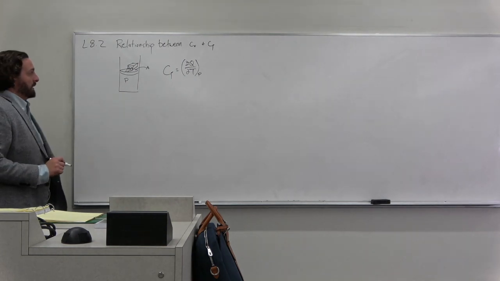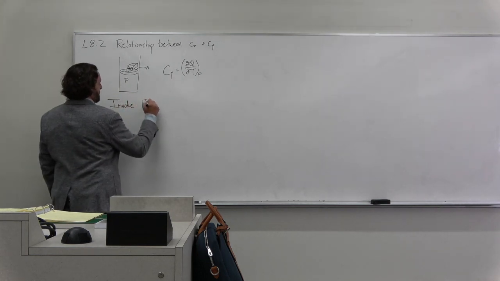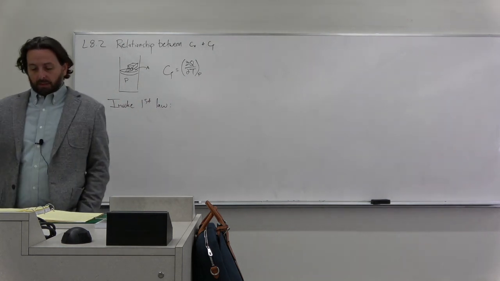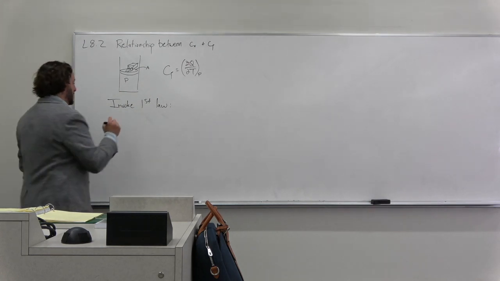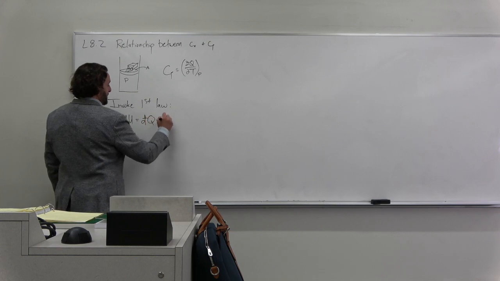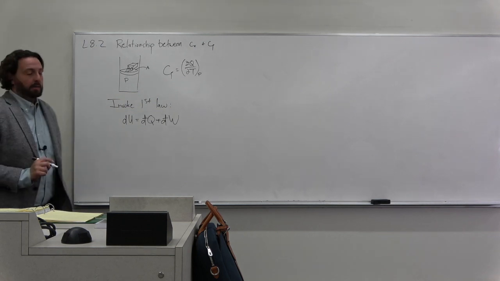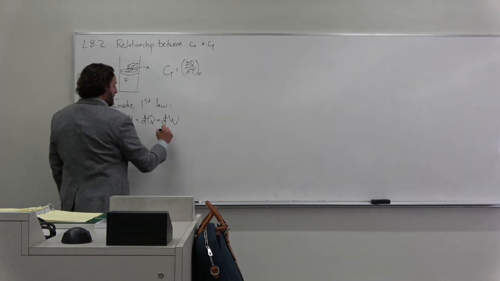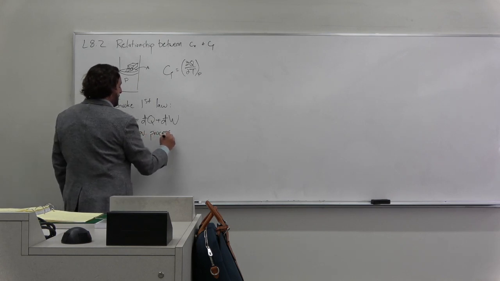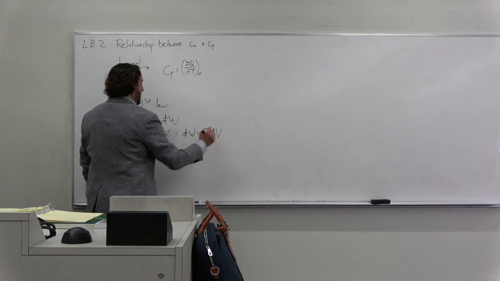Now, I want to invoke the first law to try to come up with a relationship between CV and CP. Okay, so the first law, remember, was dU equals dQ plus dW. And for a reversible process, like a mechanical process that wasn't dissipative, we could have our work was minus P dV.